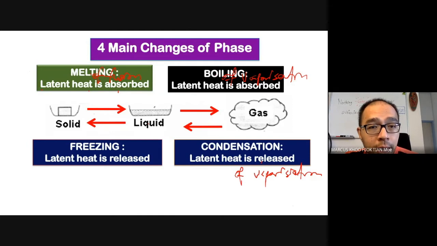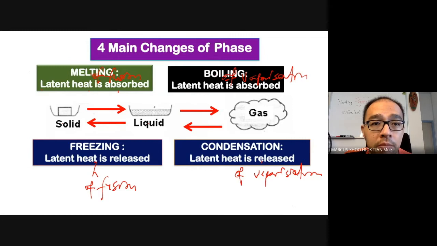And when freezing happens, liquid changes to solid, latent heat of fusion is released. This you need to remember. The four main processes and what kind of latent heat is being absorbed or released. That one you need to remember.